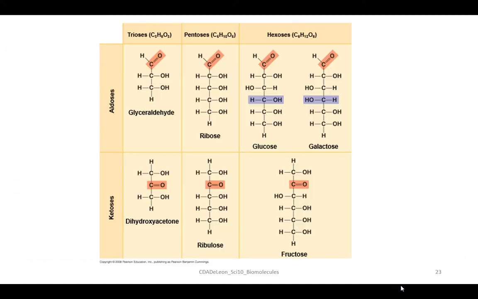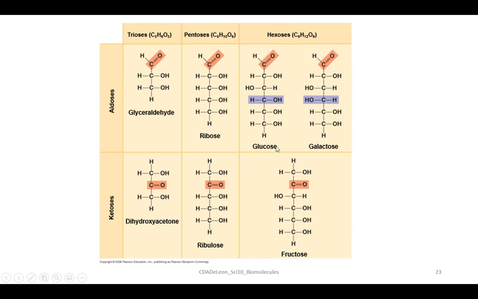So we have this. This is the molecule structure of glyceraldehyde, which is under trioses, and dihydroxyacetone. Under pentoses or pentose sugar, we have ribose and ribulose.